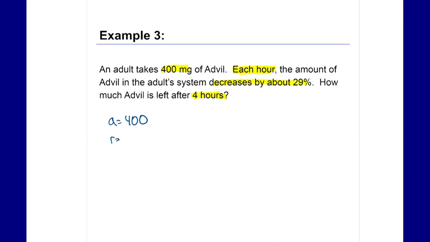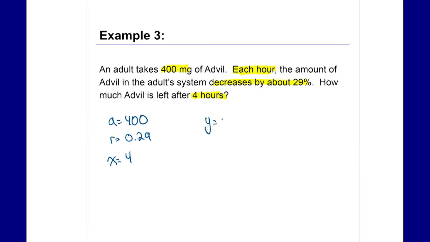Our R, or our decay rate, is 0.29. And it says decrease, so that's how we know it's decay. And our X value is going to be 4, because it decreases each hour, right? That's the time of a decay period. We don't have to do any fancy calculations because we're looking at 4 hours as well.